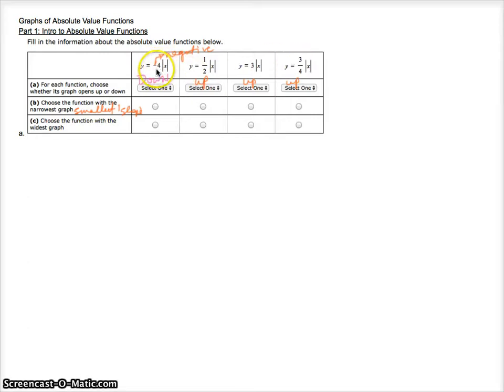So we have -4, which is a pretty big slope, pretty steep. I'm sorry, the narrowest graph will have not the smallest slope, but the largest slope. Remember, the larger the slope, the steeper the graph.